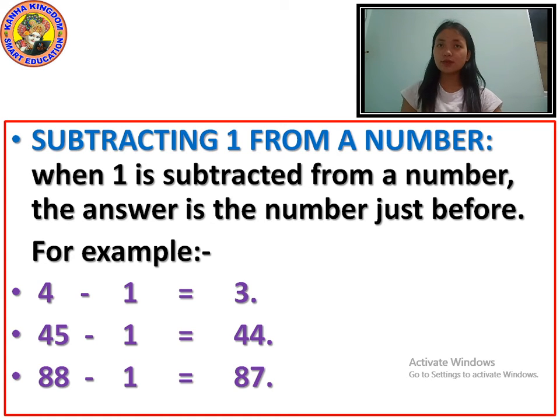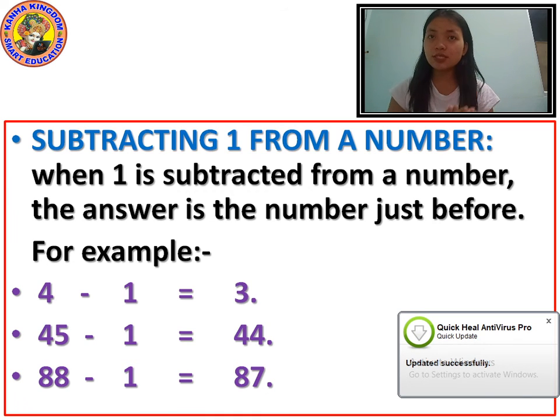And the last example is 88 minus 1: we will get 87, because 87 is the number that comes just before 88, right, students?